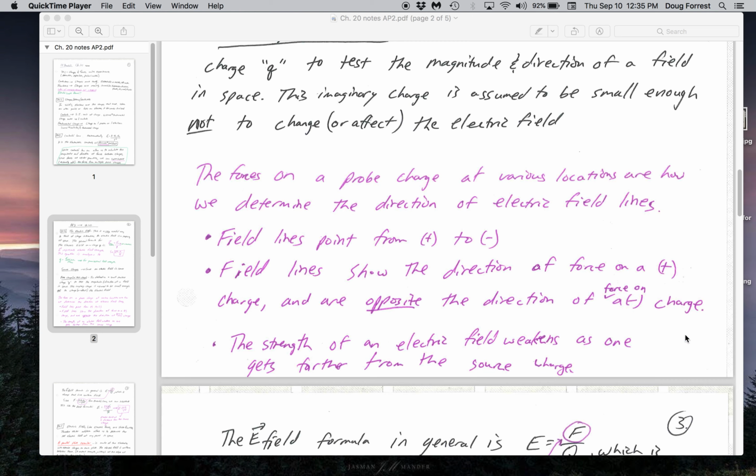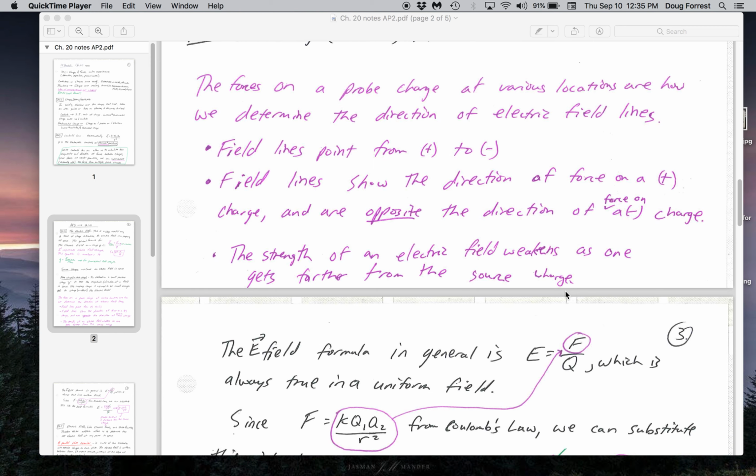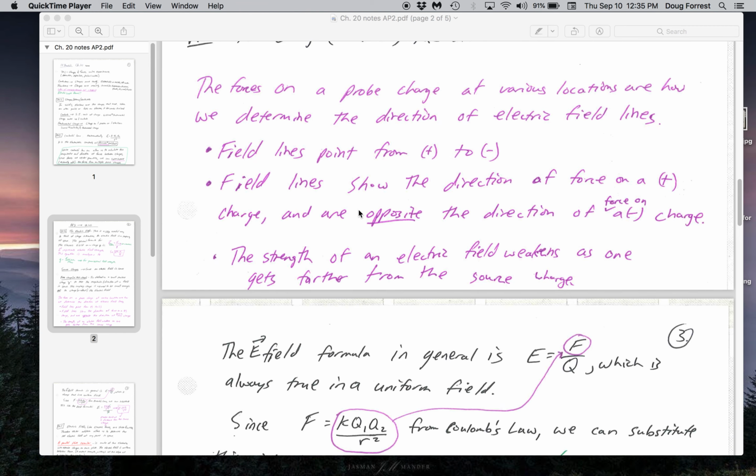So negative charges would accelerate against the field lines, positive charges would accelerate in the direction of the electric field lines. The strength of electric field weakens as one gets further away from a source charge, assuming it's a point source. We tend to think about the strength of electric field as shown by how close or far apart the lines are from each other.